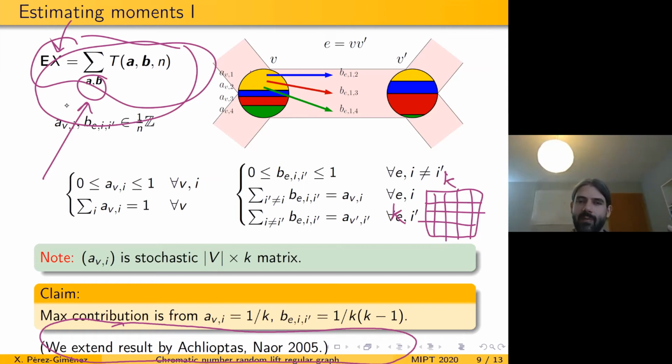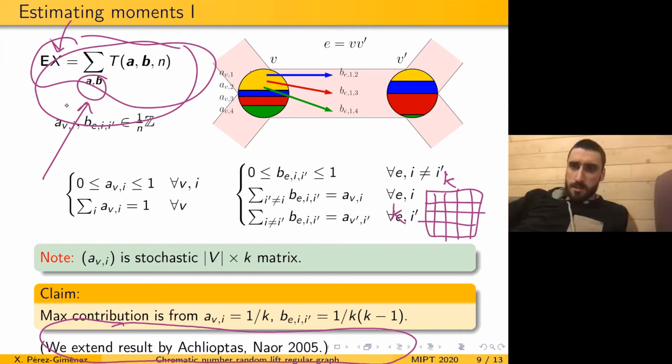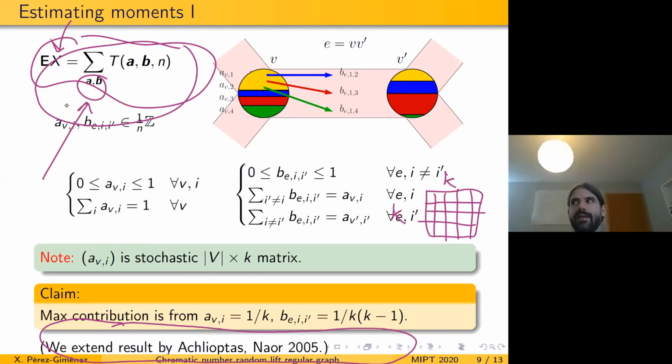However, our second moment calculation was not as hard. So that was a bit surprising, because of this condition of having only strongly equitable colors. Restricting our attention to strongly equitable colors simplifies things, but then there's a bit of luck.